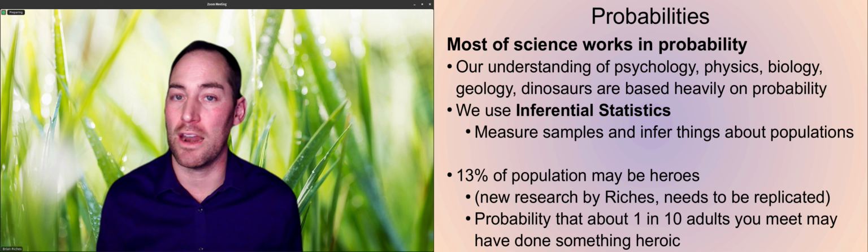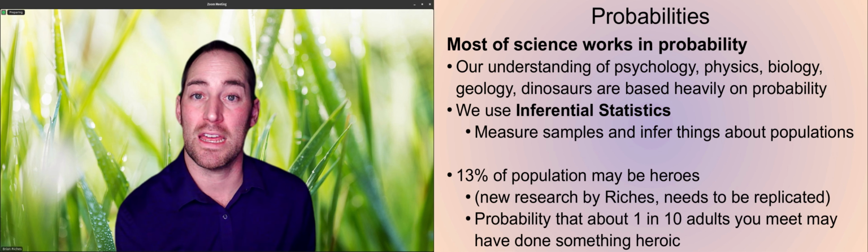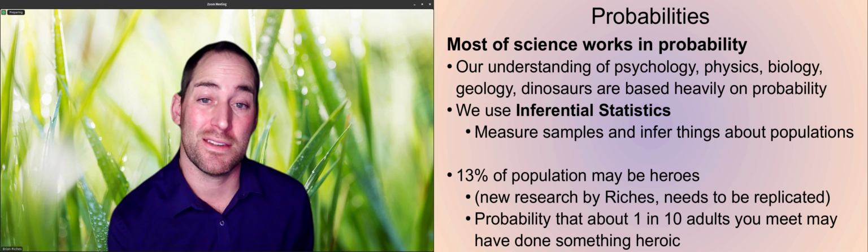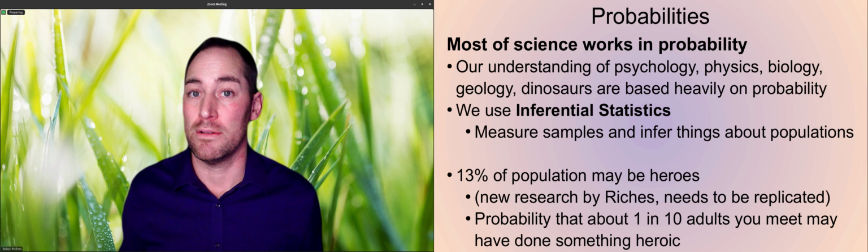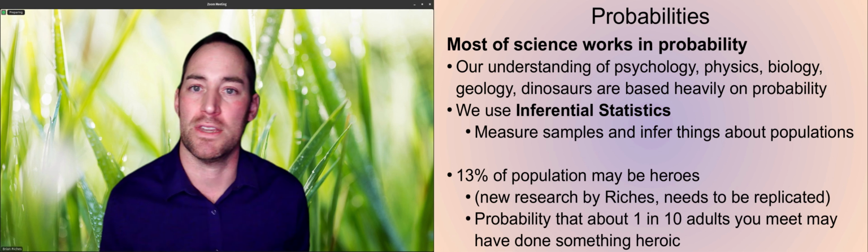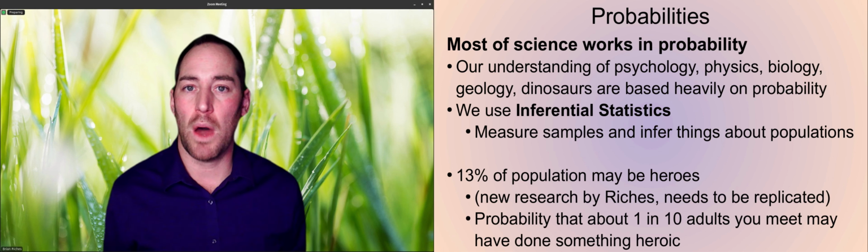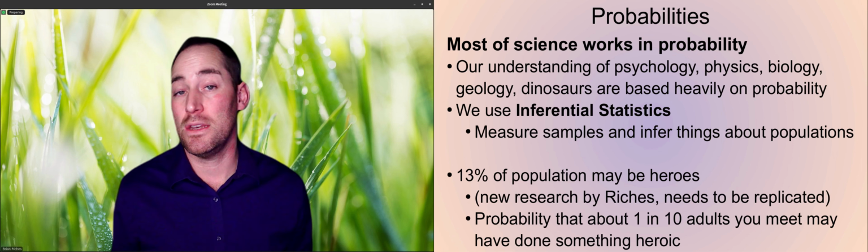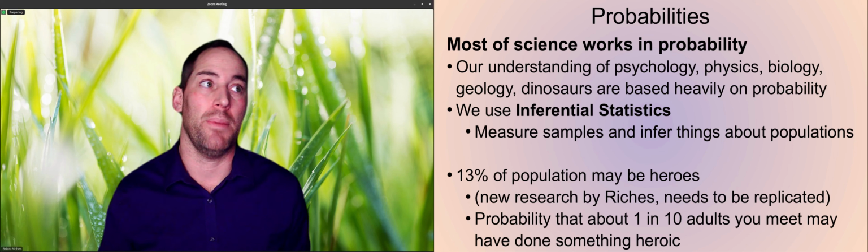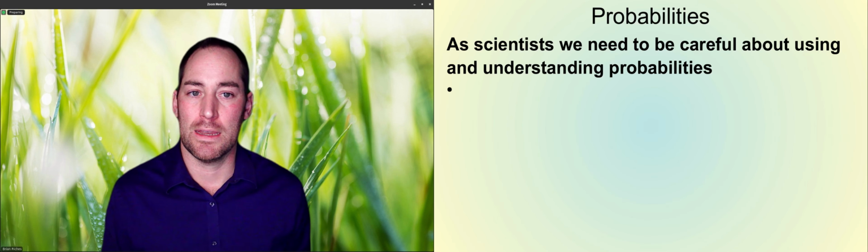So I'm really excited about this finding. I really want to investigate it further. But that suggests the probability of meeting a hero might be a lot higher than I ever thought before, based on previous research. And this is why we use this kind of research and why we look for probabilities, so that we can know more about humans, about all sorts of things in science.